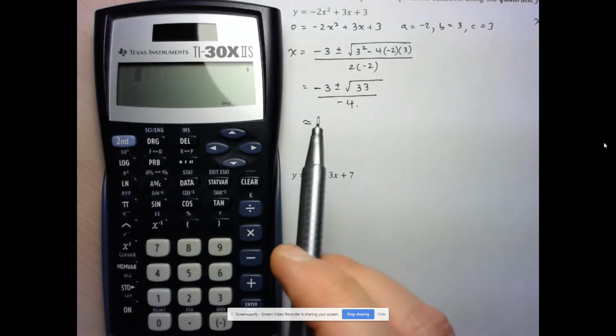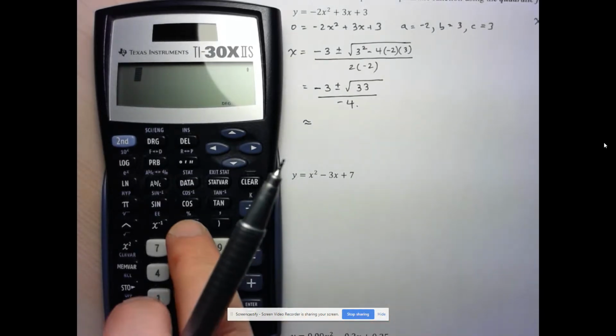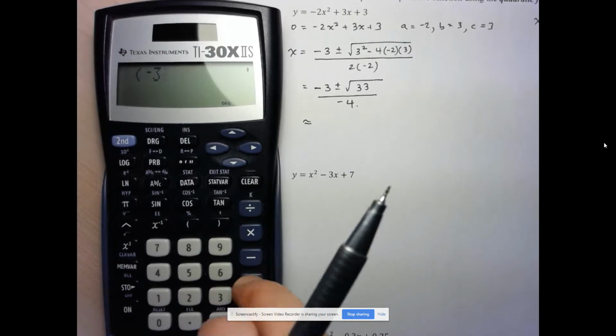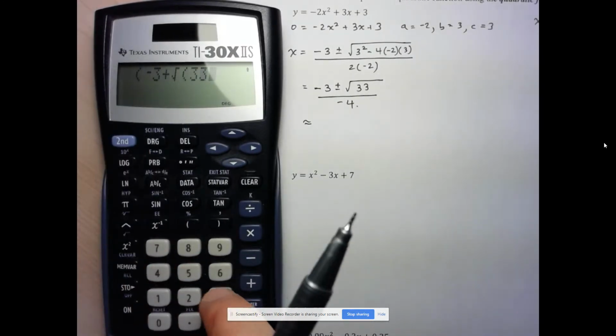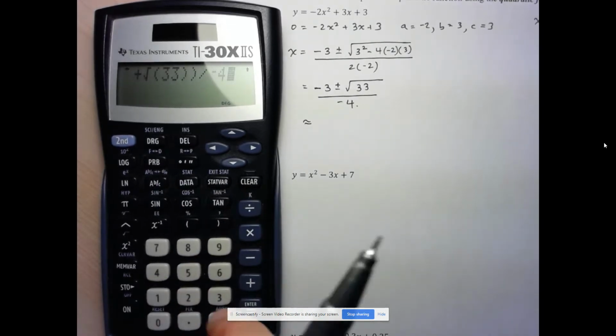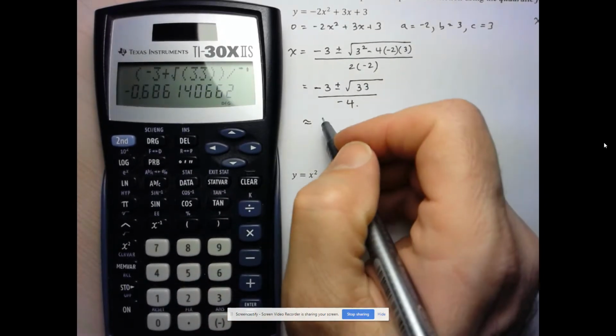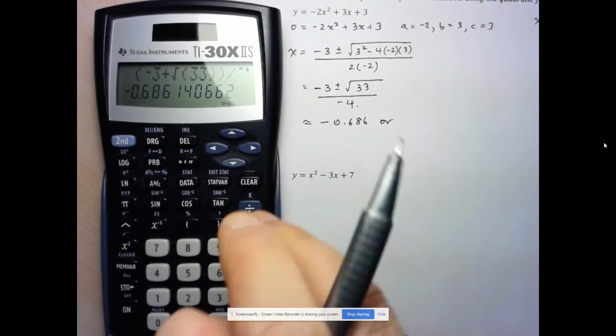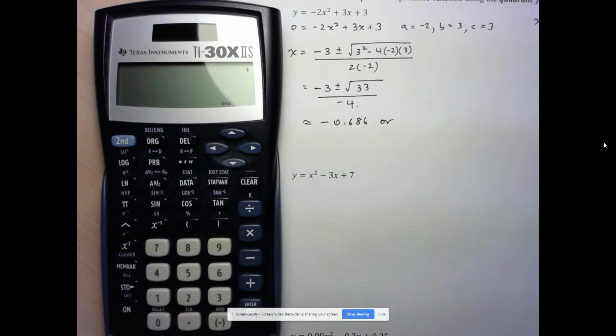So you have 2 options, and I'll do it both ways. One option is to make sure you put brackets around the numerator if you're going to do everything in one shot. So bracket negative 3 plus square root of 33, close the bracket, divided by negative 4. So one of our answers is going to be negative 0.686. Or the other way you can do it is in 2 steps.